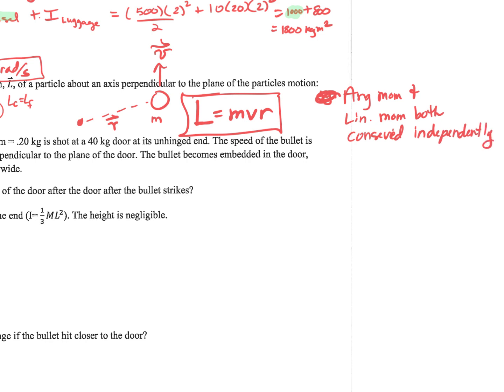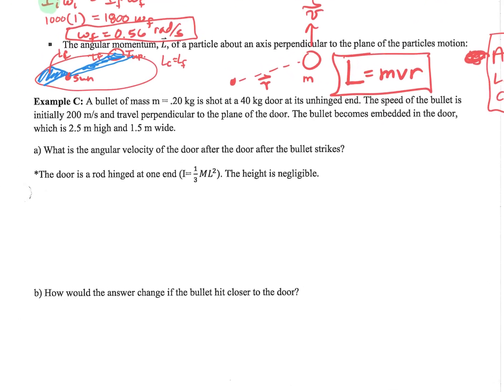And that's in a collision or not in a collision, okay? They are conserved separately or independently, so you can treat them separately. Just know they're both there. All right, so let's look at this.